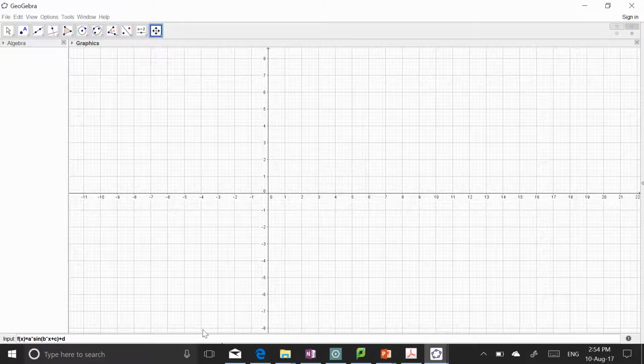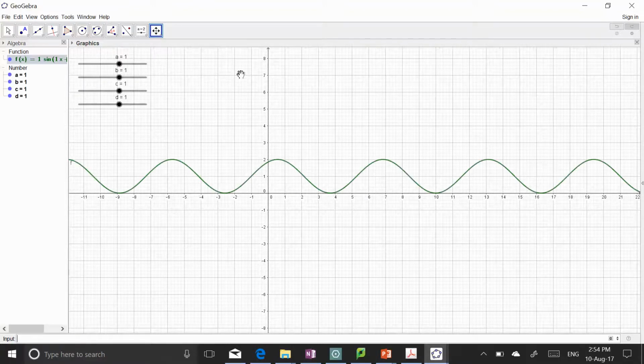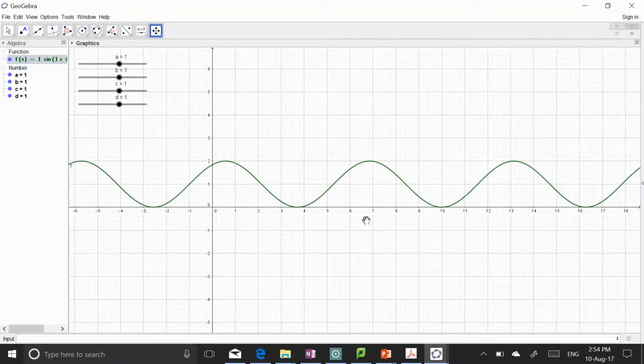I'm going to create my sliders. So this is my graph. It's going on infinitely.